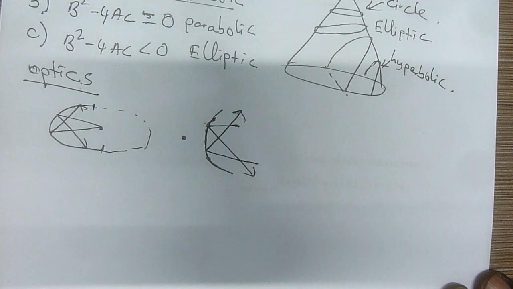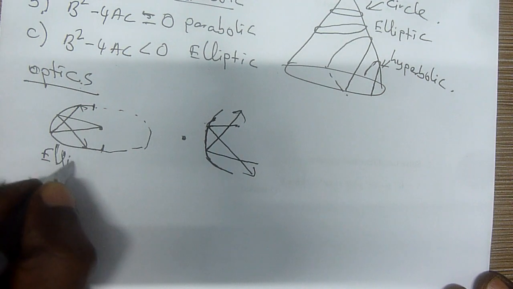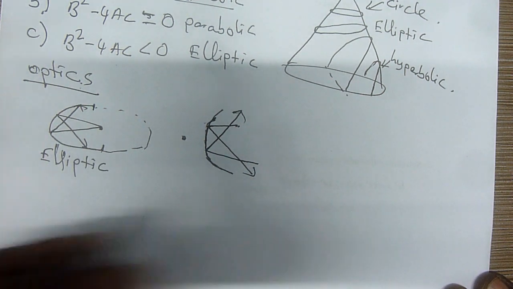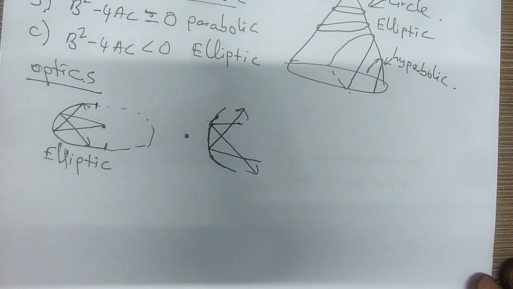Okay, this is one way to see some of the applications of this kind of knowledge, but we are not going to see this application in this way. We are going to analyze the elliptic, parabolic, and hyperbolic from a different perspective.